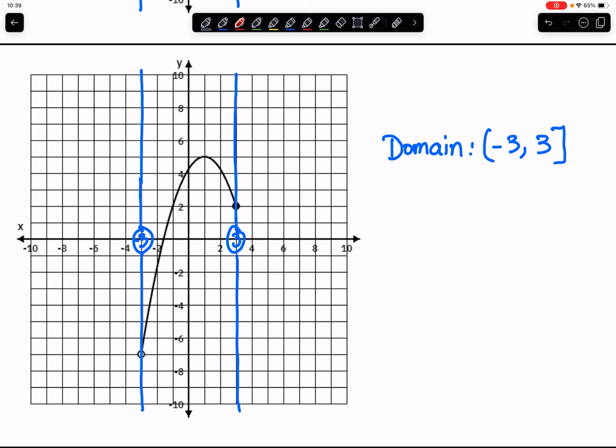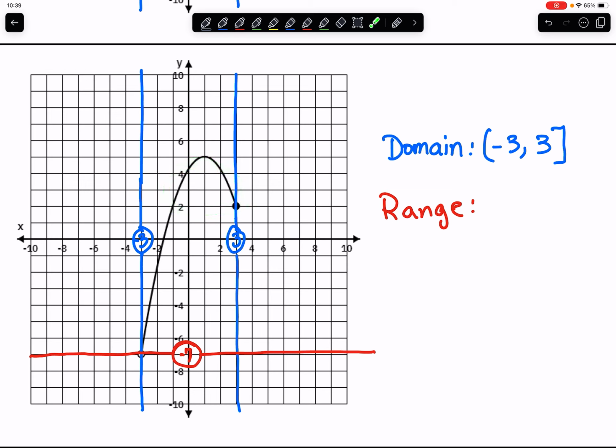Now let's look at the range. For the range, we look at the lowest that the graph extends. The graph extends no lower than this point right here, which is at negative 7. And it goes higher than this endpoint. This endpoint right here is not the highest that the graph reaches. Notice that there are points higher than that.